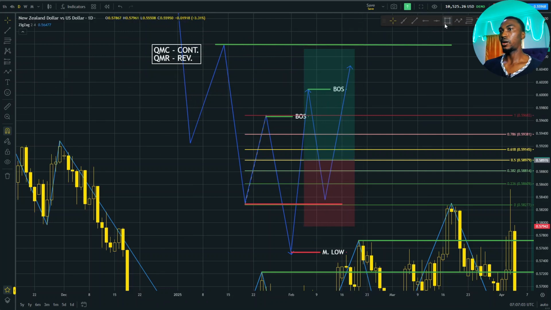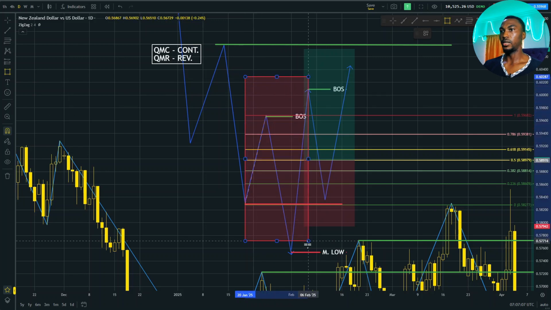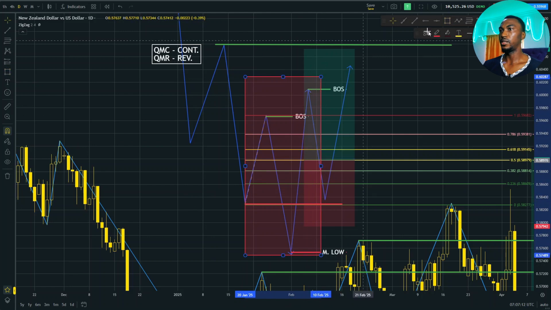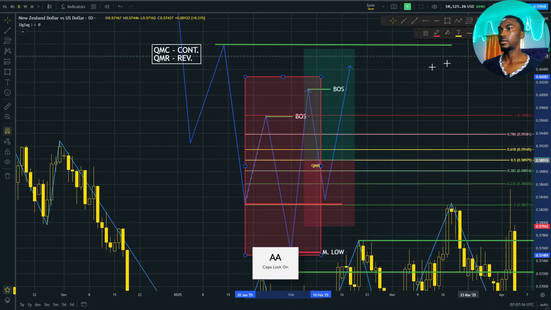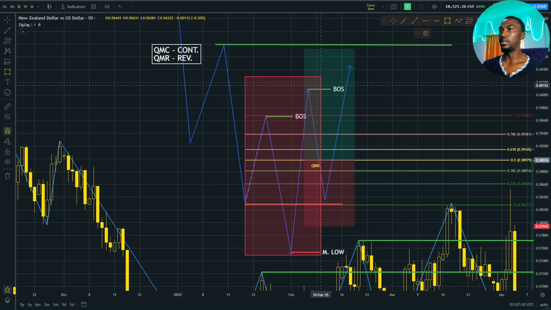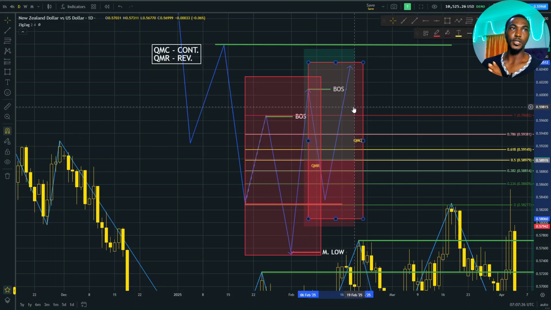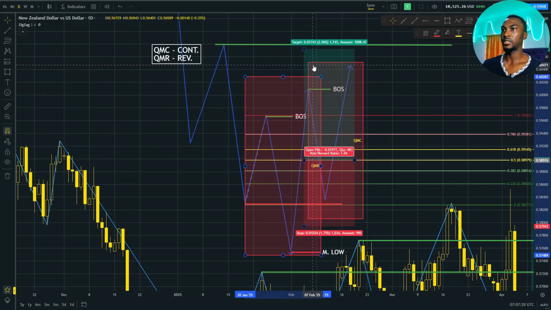So take note, all of this right here is called the QMR. And then when this is now added to it, it now becomes a QMC. That's the first part of the entire strategy.